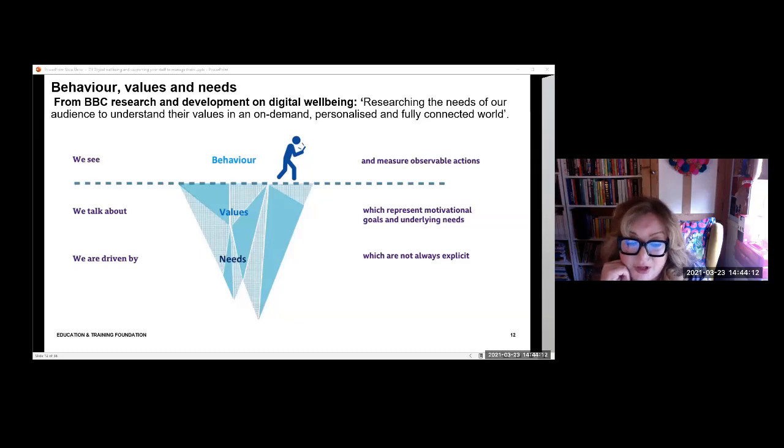So this BBC research shows that generally we're able to explicitly describe our values, and these values express the underlying needs and motivations which serve as guiding principles for our thoughts and attitudes. So we're trying to find out what the values are so we know what people really need.